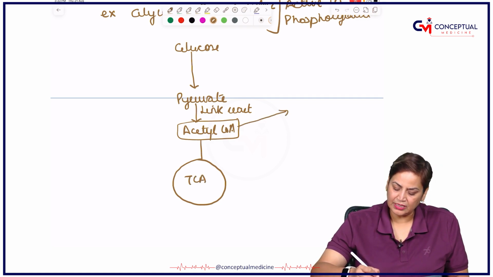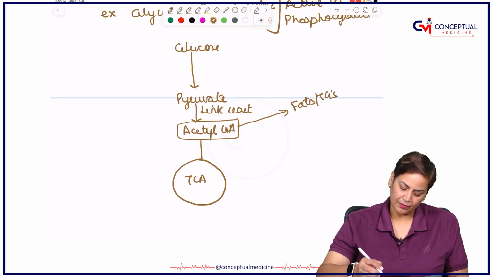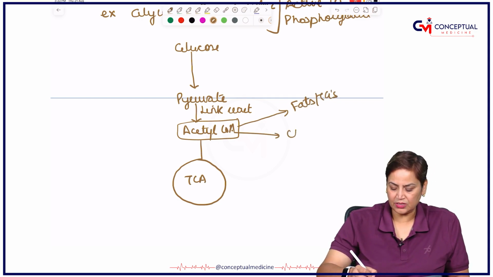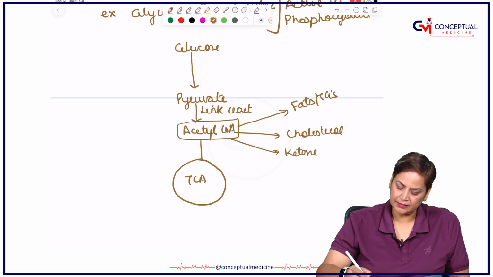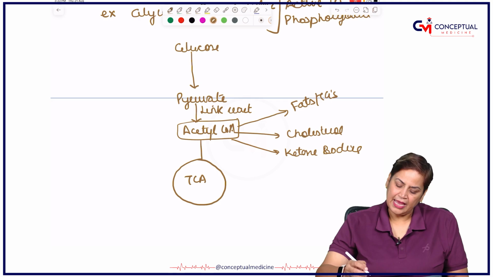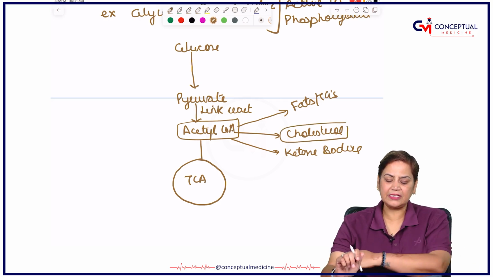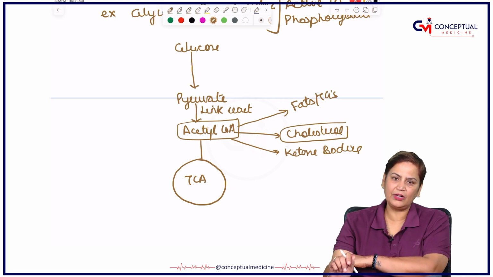Acetyl-coenzyme A is required for the synthesis of fats, or we can call them TGs. It is required for the synthesis of cholesterol and for the synthesis of ketone bodies. And if we talk about the fate of cholesterol, since acetyl-coenzyme A is forming cholesterol, what is the fate of this cholesterol?